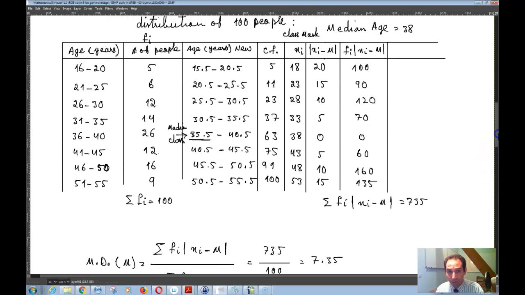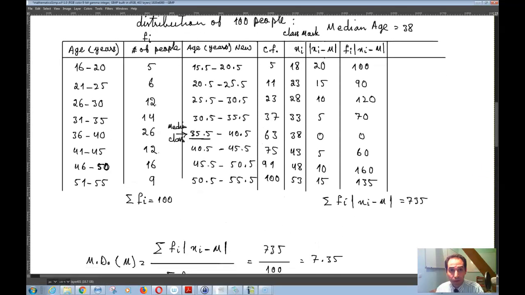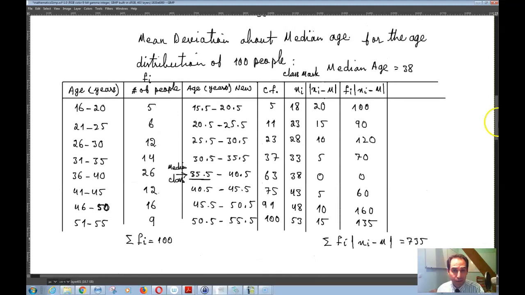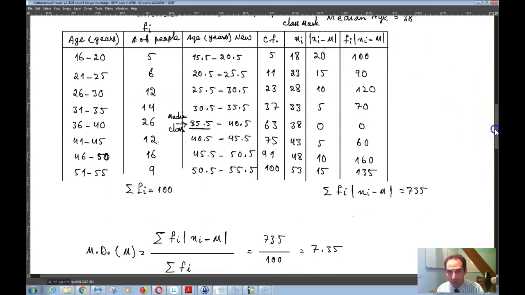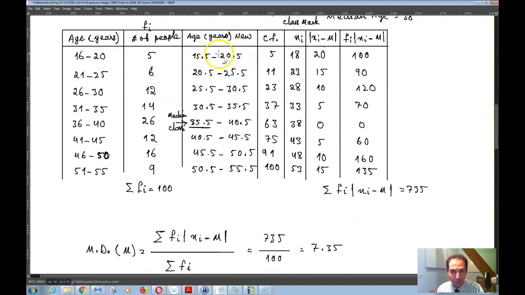So now what this means is that this was the age distribution of 100 people, and so we have all of these classes, basically 15.5 to 20.5, all the way up to 50.5 to 55.5.